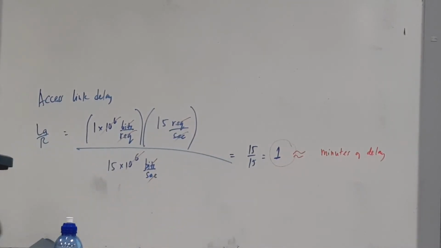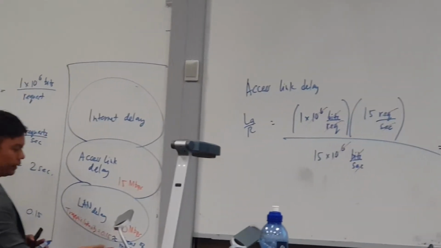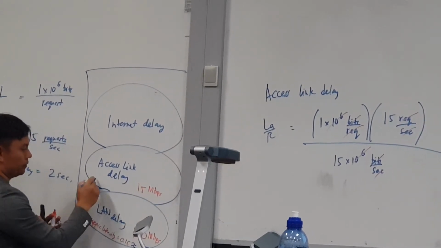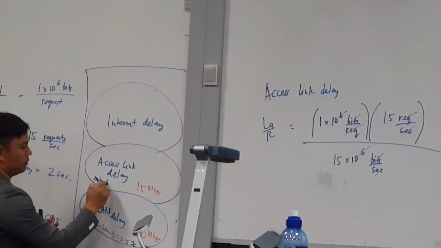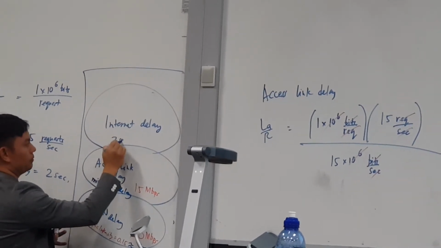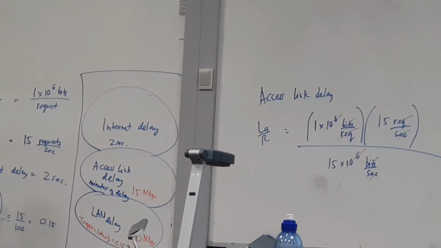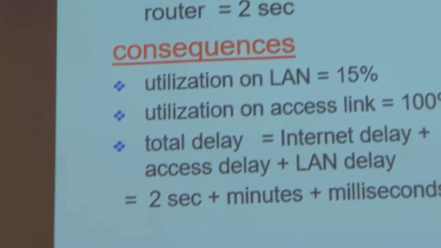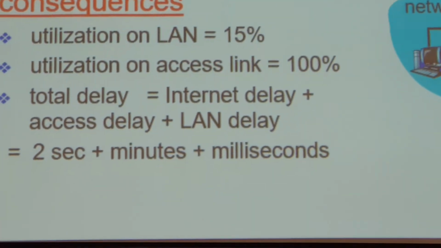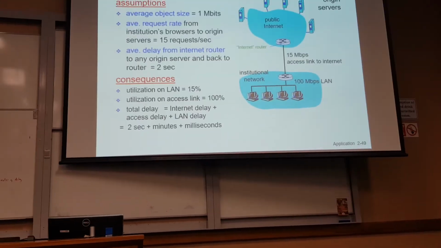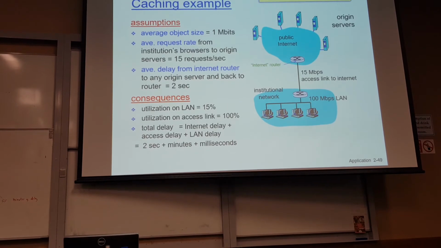Now, when you put them together, tens of milliseconds of delay, minutes of delay, and a 2-second delay, that's a lot of time. So the clients here will not be happy. If you're trying to download some web object from Europe and it has to go through all these channels, you need to wait for minutes, and that's not very productive.